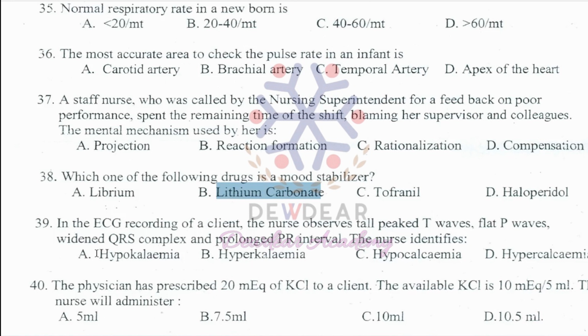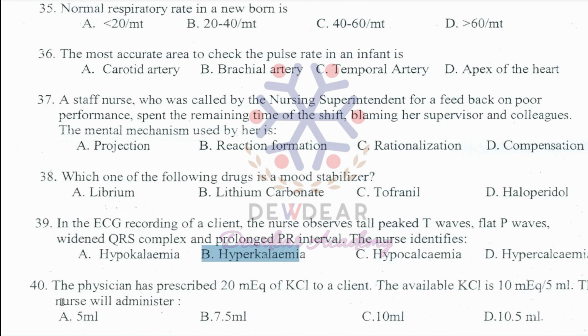The answer is option B, hyperkalemia. Tall peaked T waves, widened QRS complex, flat P waves and prolonged PR interval indicate hyperkalemia.